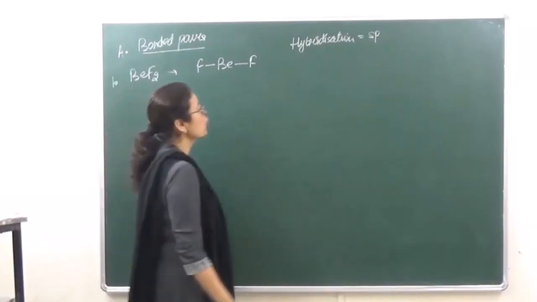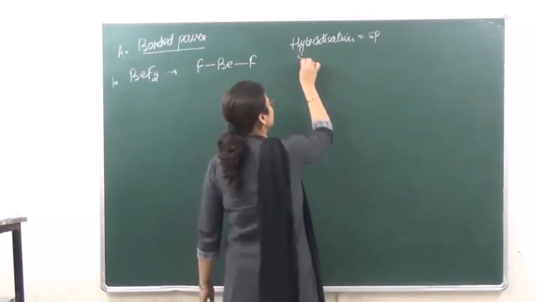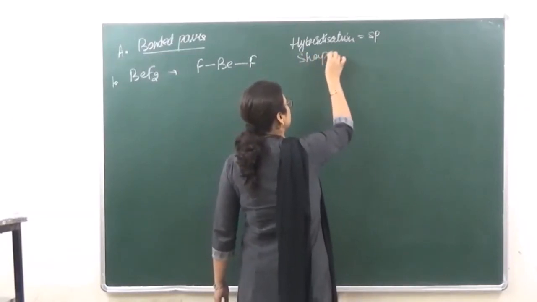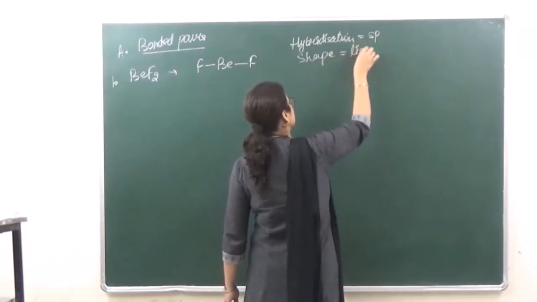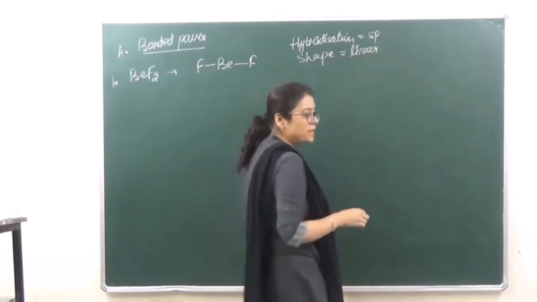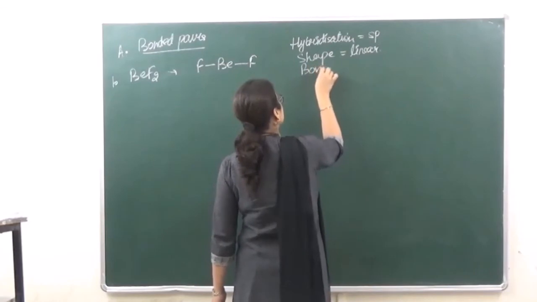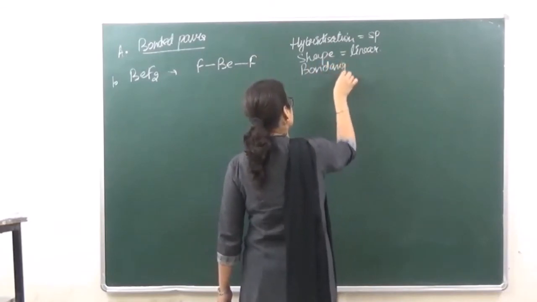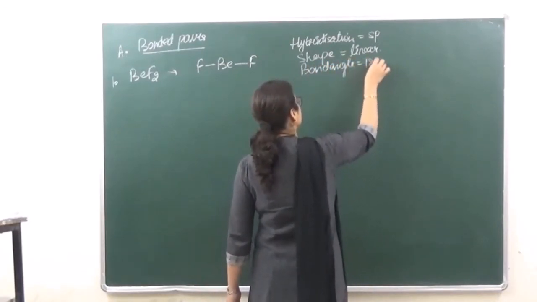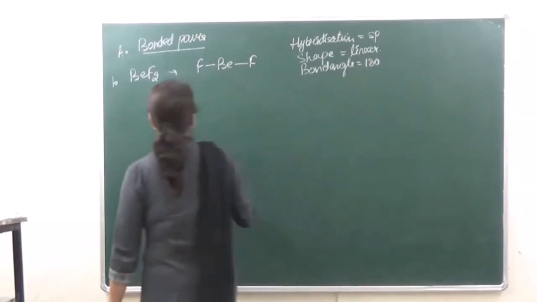The shape, or geometry, is going to be linear. Okay, and the bond angle is going to be 180 degrees.